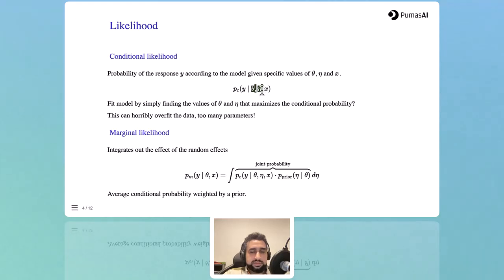So let's consider these two parameters: it's the probability of y given theta and eta, if we ignore x for now. Or we can say it's the likelihood of theta and eta given y. Both are exactly the same thing. The likelihood is a function of the parameters, but it's equal to the probability of the observed data given those parameters.